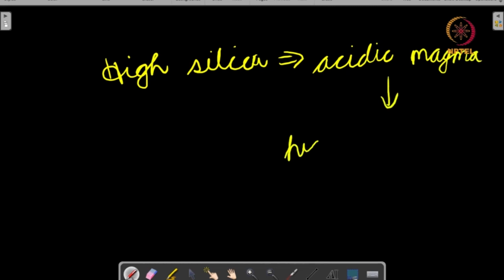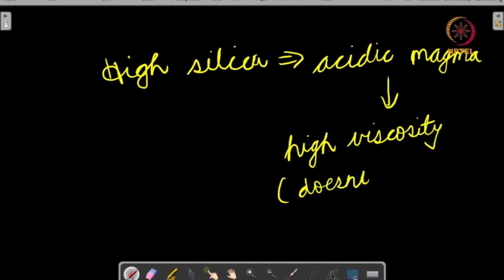and acidic magma has high viscosity, which means that it doesn't spread easily.